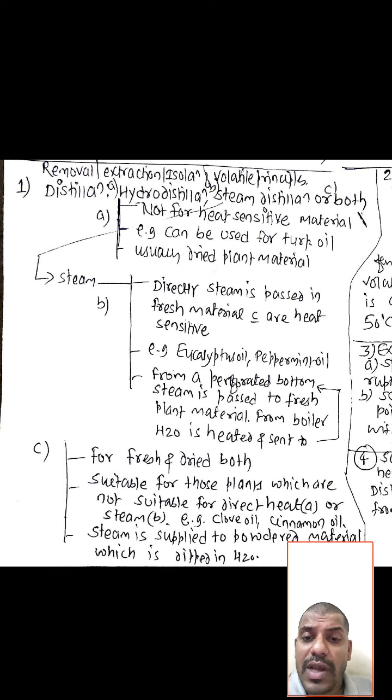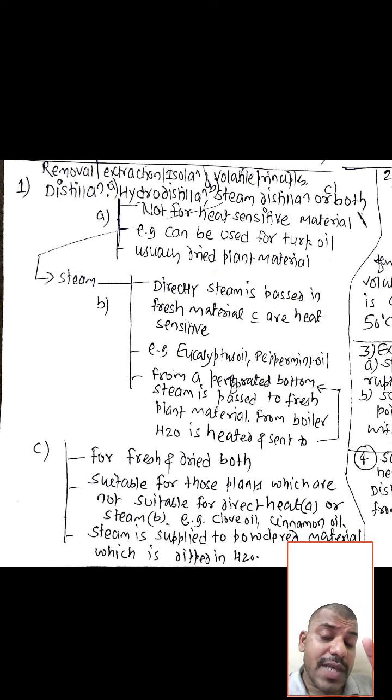So example is eucalyptus oil, peppermint oil. So what we do, in the flask we keep our material on a perforated bottom, and from the perforated bottom we supply steam. So steam is passed to the fresh plant material from boiler, and this is the main method.